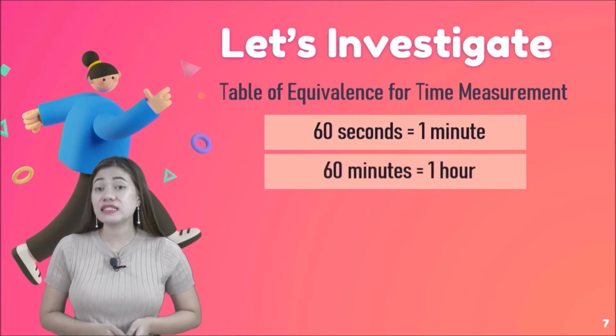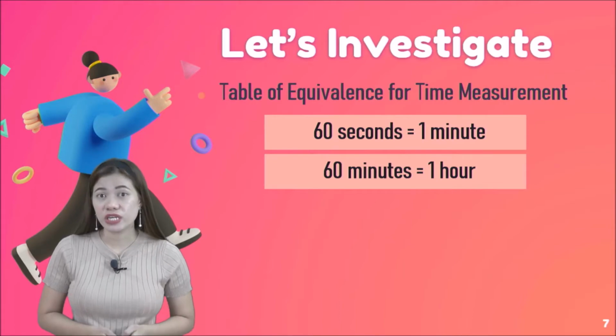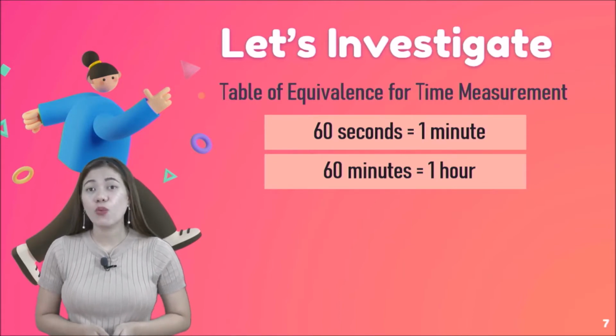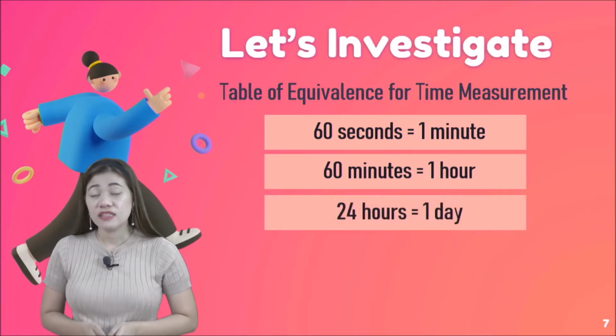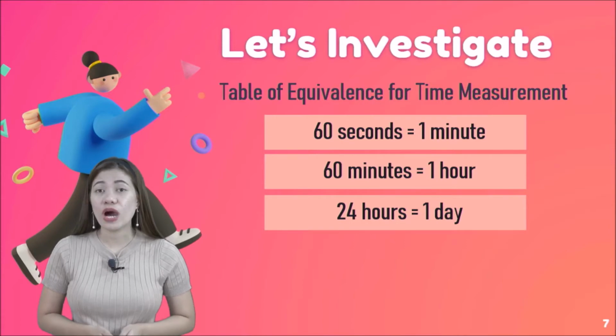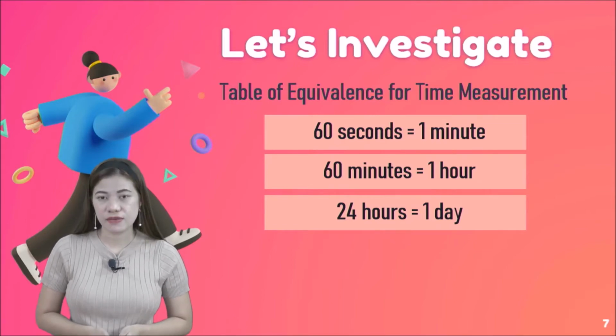And then 60 minutes is equivalent to 1 hour. Again, 60 minutes is equivalent to 1 hour. The next one, 24 hours is equivalent to 1 day. Again, 24 hours is equivalent to 1 day.